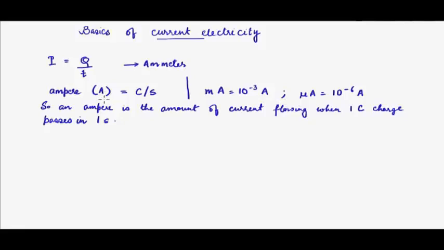Next, let us see how does current flow. In a metal there is an abundance of free electrons. So basically in a metal the free electrons move, and the movement of free electrons is equivalent to movement of charge, and as a result current flows through a metal wire. But in the case of electrolytes, electrons are not free to move.